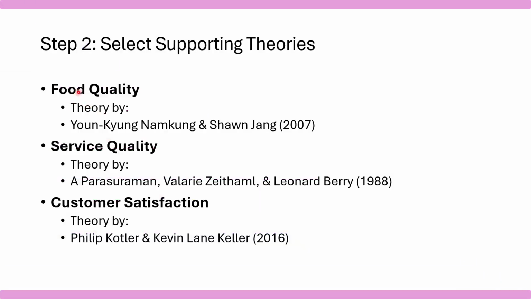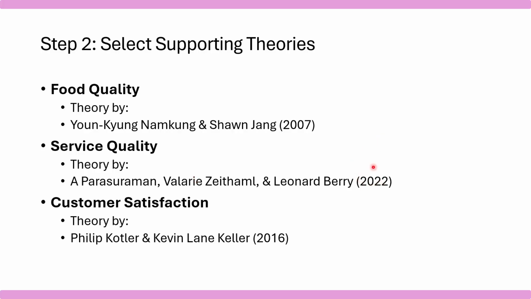So step number 2, you have to select supporting theories. For example, food quality theory by Yong-Kyung Namkung and Sean Zhang in 2007. And for service quality, theory by Parasuraman, Valarie Zeithaml, and Leonard Berry in 1988, but I think I mistyped this one. You should be using the newest one, so I'm gonna revise it.